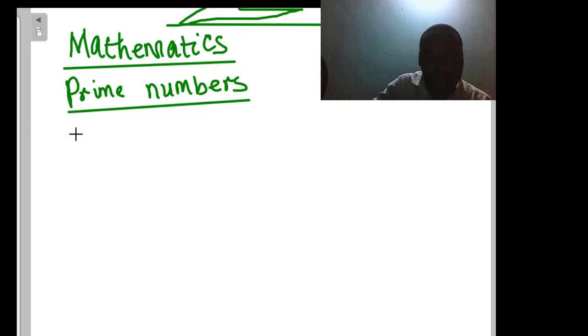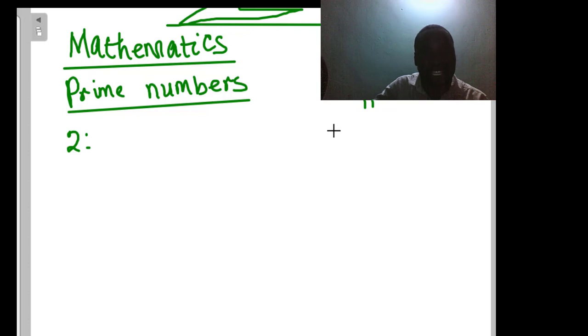The first number in this category is the number two. Do you remember how to find our factors? If we start with one, one one is one, two ones is two. That means one is a factor of two. If we also look at two itself, we discover that 2 is a factor of 2.